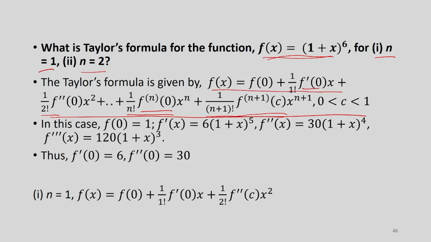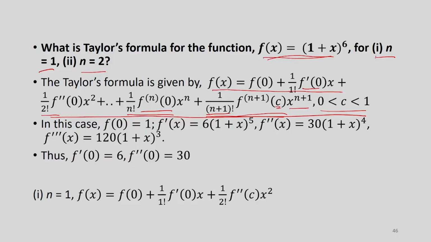That means the function has been differentiated n plus 1 times and evaluated at c. What is c? c is a value between 0 and 1, multiplied by x to the power n plus 1 divided by (n plus 1) factorial. Okay, so this is the formula.